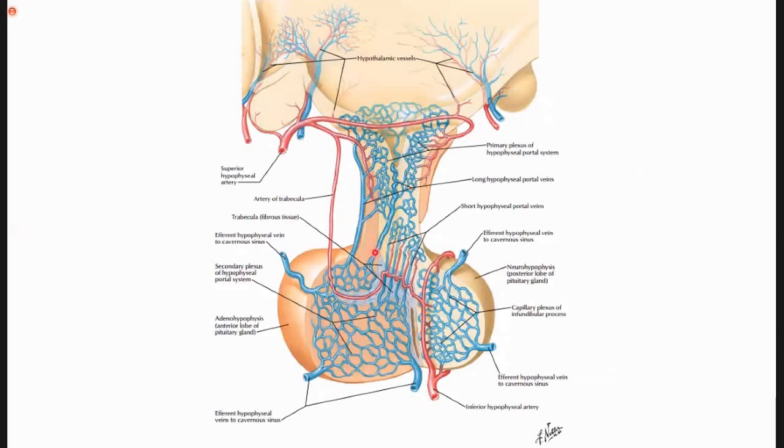They again unite to form the larger veins, which break up again over here, and then they release into the cavernous sinus. The blood will go into the cavernous sinuses. So this is all about the pituitary gland. Any question is welcome. Anything which is not clear, you can ask me.